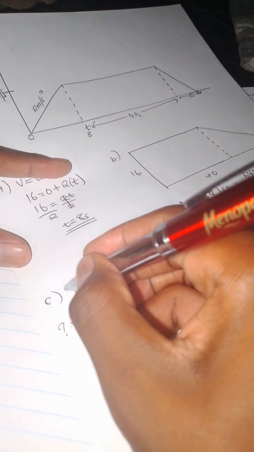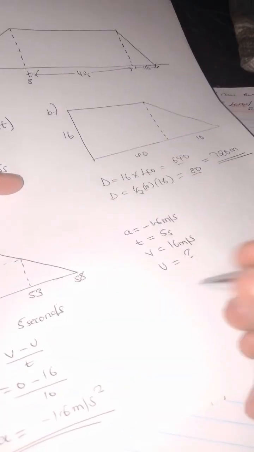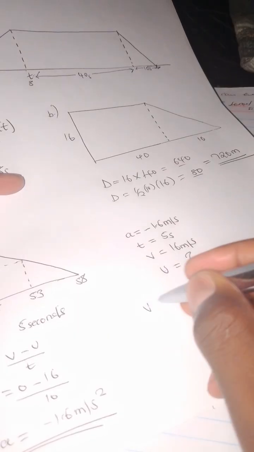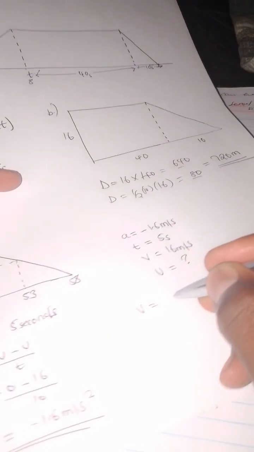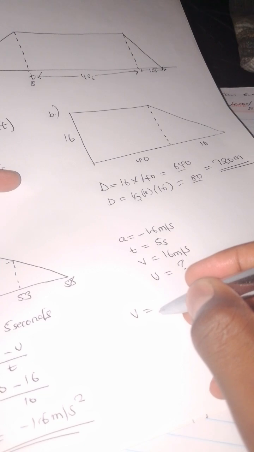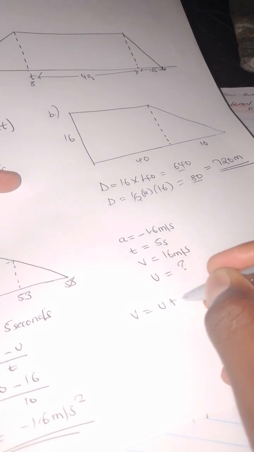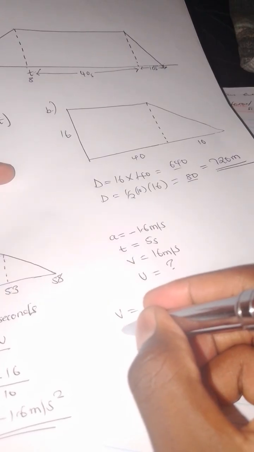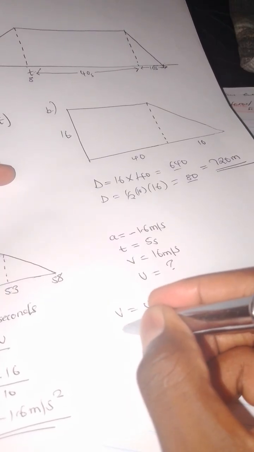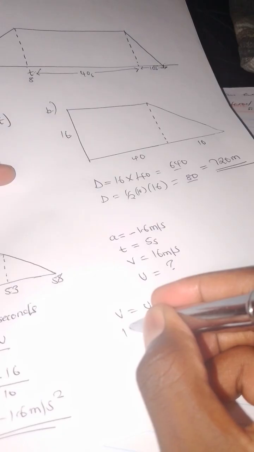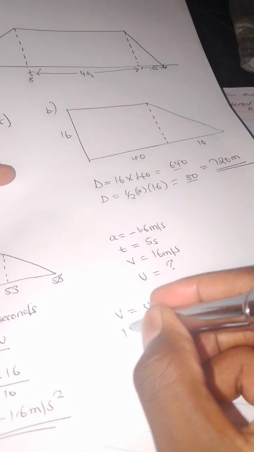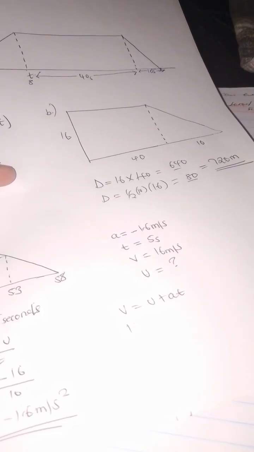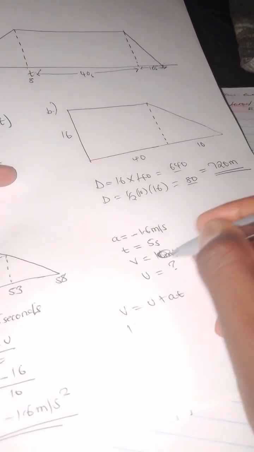So we're going to use the formula for velocity. Velocity is equal to initial plus at.